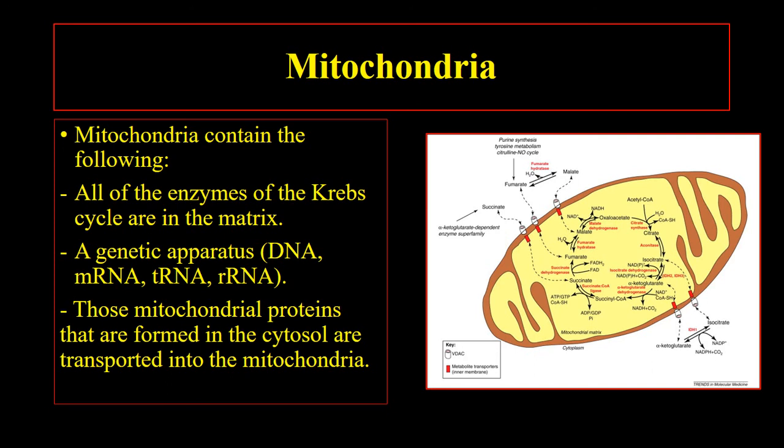The inner mitochondrial membrane contains proteins with three types of function. First, those that perform the electron transport chain redox reactions. Second, ATP synthetase, which generates ATP in the matrix, and third, the specific transport proteins that regulate metabolite passage into and out of the mitochondrial matrix.